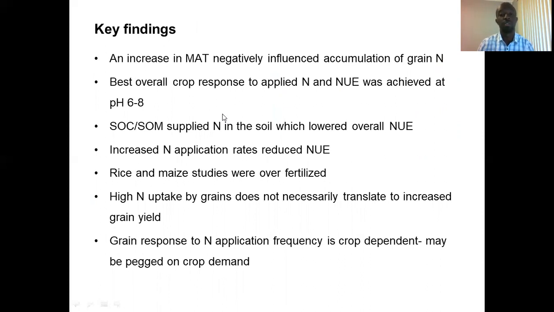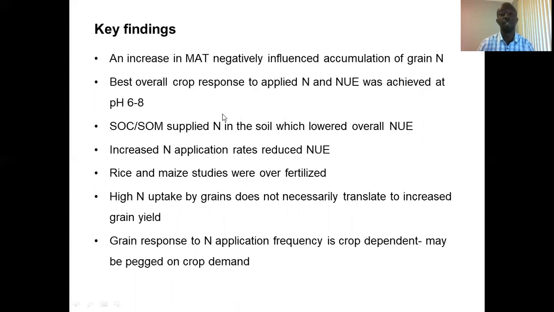The best overall crop response was achieved at near neutral pH, that's between 6 and 8. Soil organic carbon, which was a source of nitrogen due to its association with soil organic matter, lowered the overall nitrogen use efficiency.